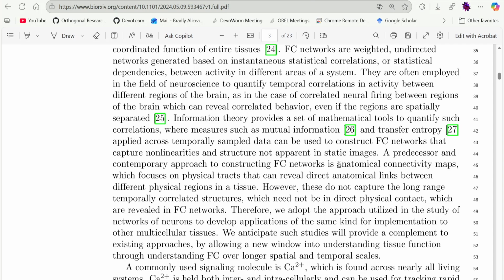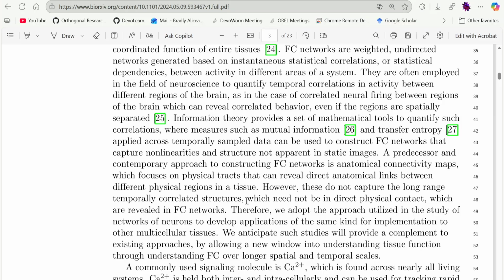They look at different structures in the anatomy to see if there are anatomical links that are functional. This is not a xenopus egg, but it's like looking at the tissue structure and seeing where things are exchanged or connected. However, these do not capture the long-range temporally correlated structures.